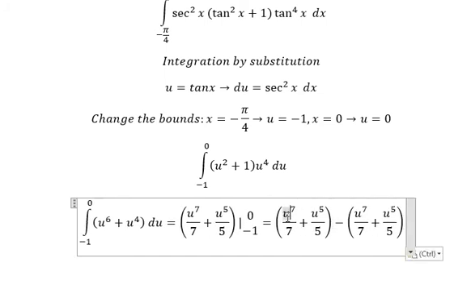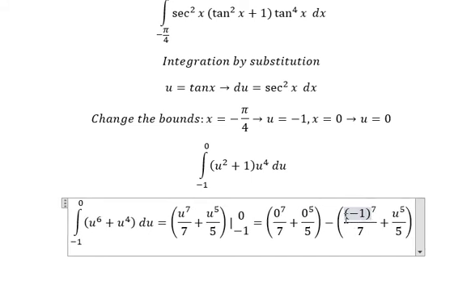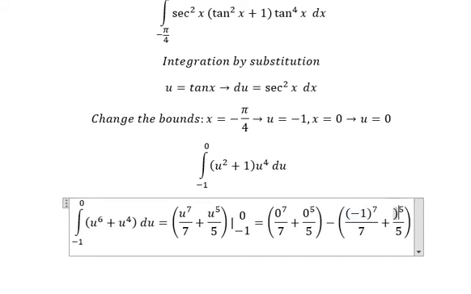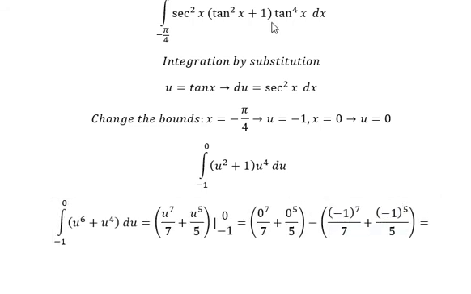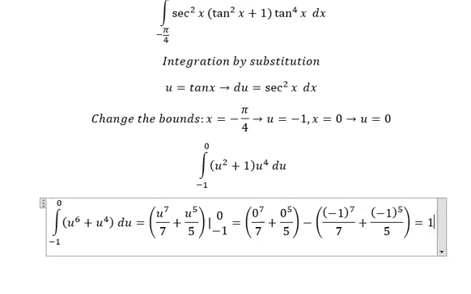So I will put number 0 in here, and negative number 1 going here. And we got 12 over 35.